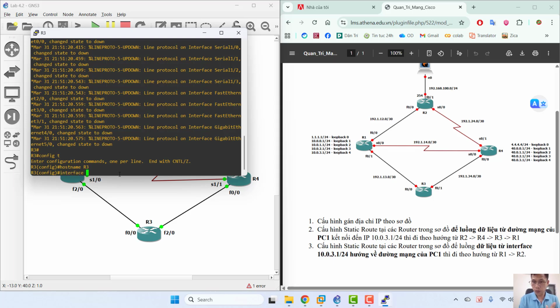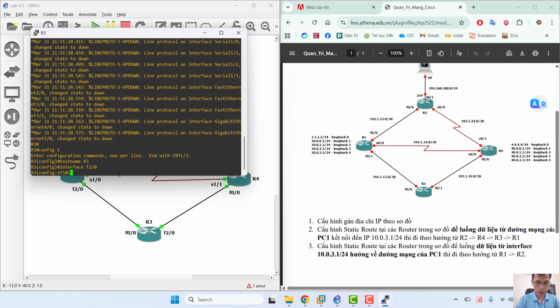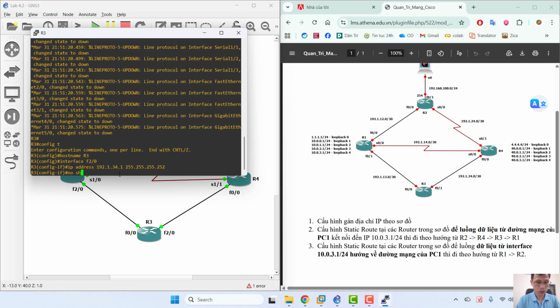Interface 0/0, IP address 1.2.1.34.2, 255.255.255.252. No shutdown.